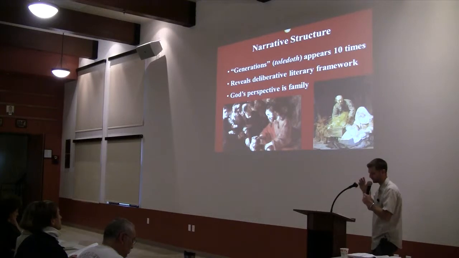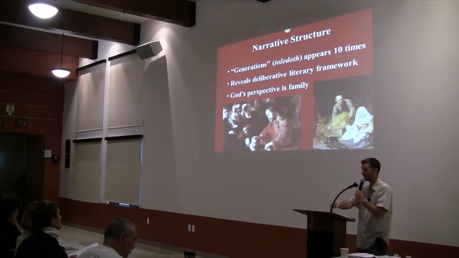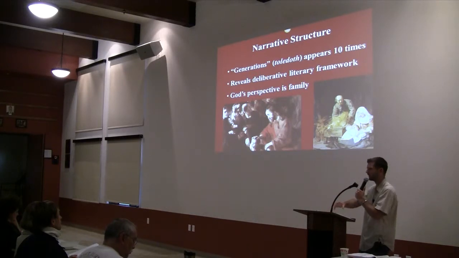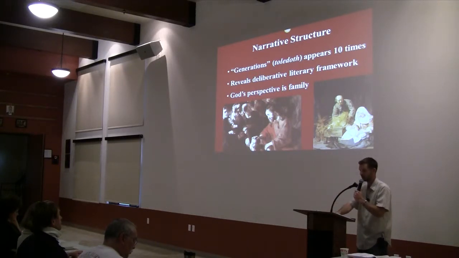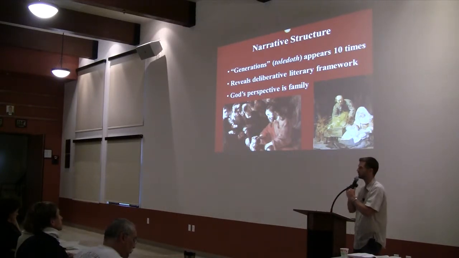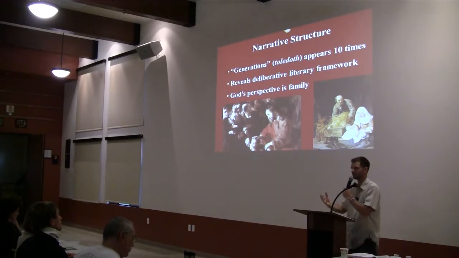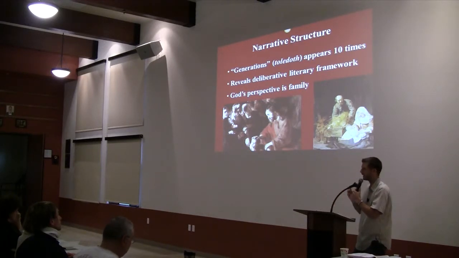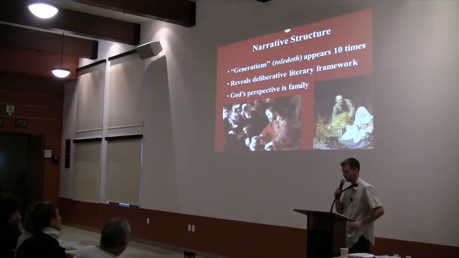And so the literary structure of Genesis 1 to 11 tells us about God's family, how that family is made, how it strays from his will, how he corrects them, but ultimately how they slowly grow into righteousness, into understanding God's ways, and into a more full relationship with him.